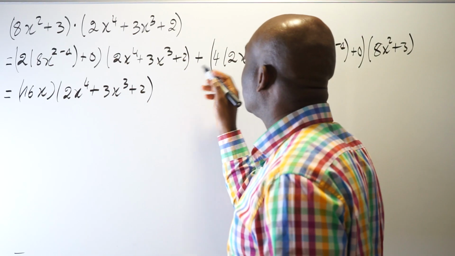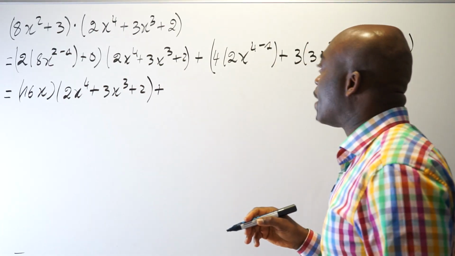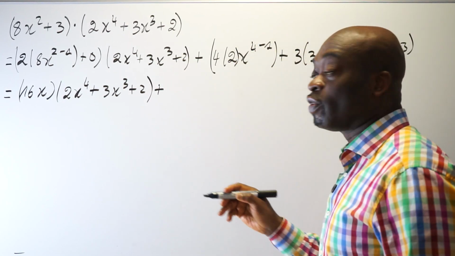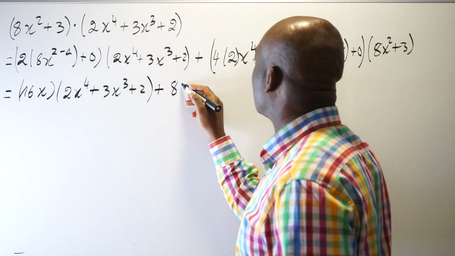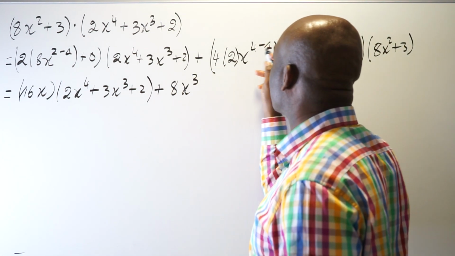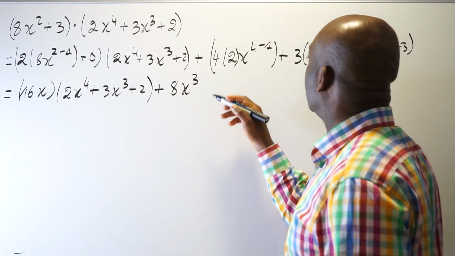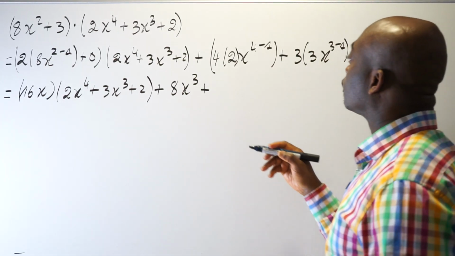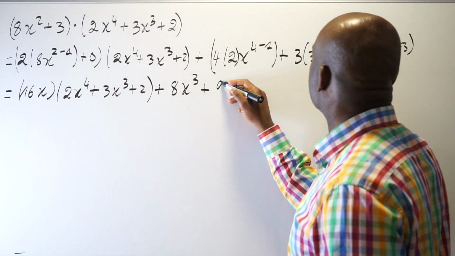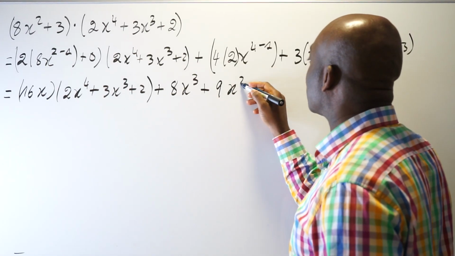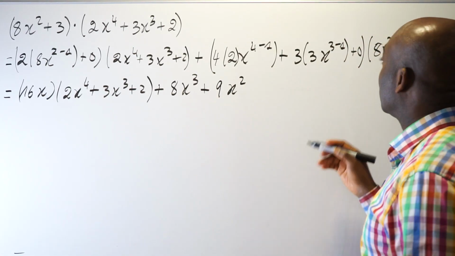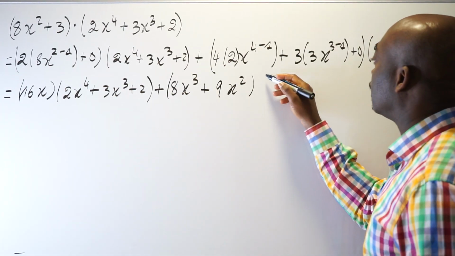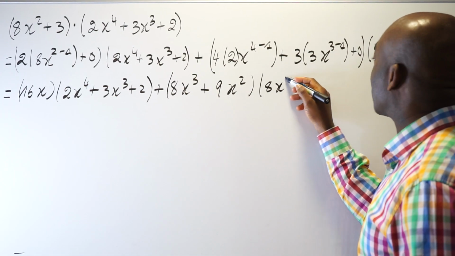Then plus 4 times 2, which is 8x to the power 3, because 4 minus 1 is 3, and then plus 3 times 3, which is 9x to the second power, because 3 minus 1 is 2. Plus 0, we don't need that. We multiply this by 8x to the second power plus 3.